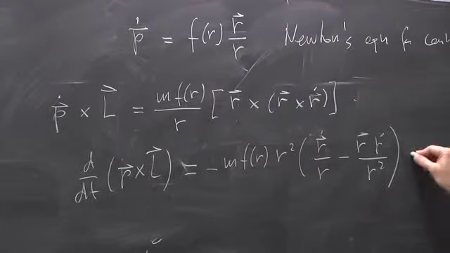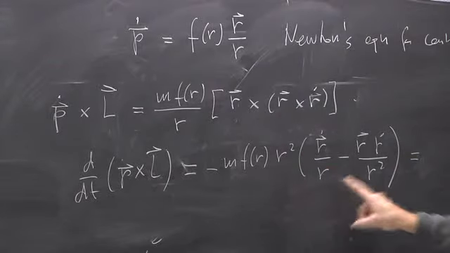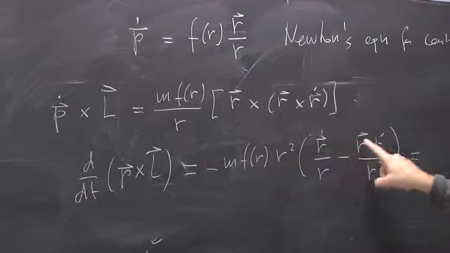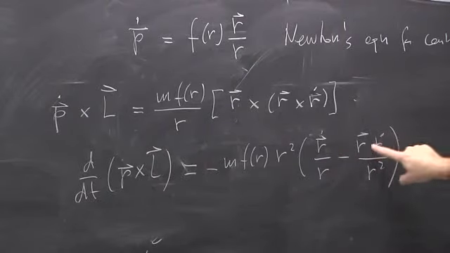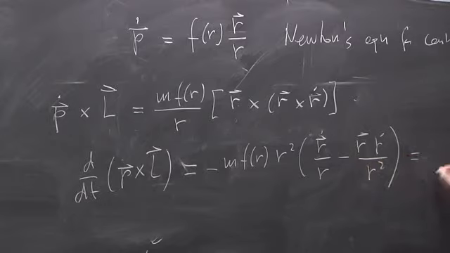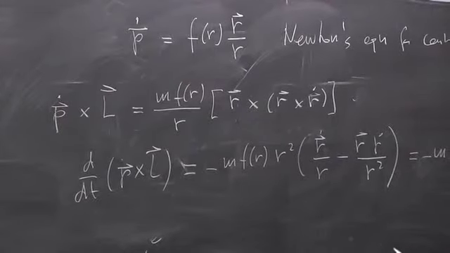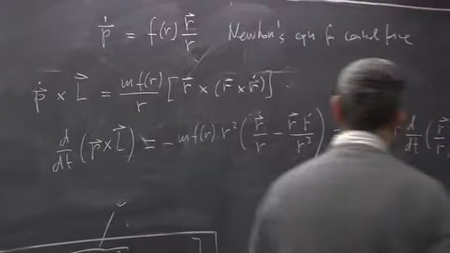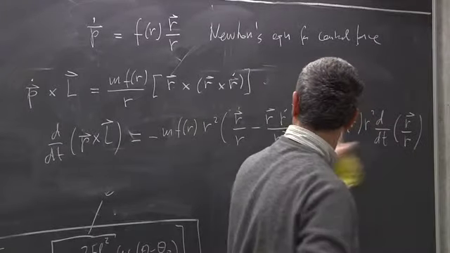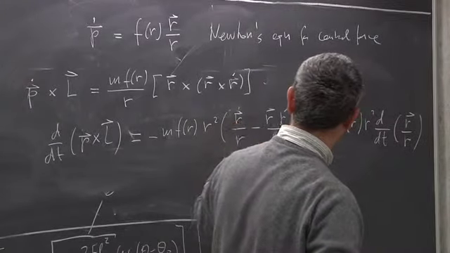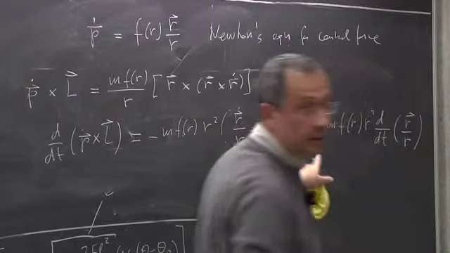And then you see that this can be collected, because this is r dot, then it acts on r, so the whole thing here is just m f r, r square, dt of r over r, right? Because first it acts here, and then on 1 over r, and you get the other term.